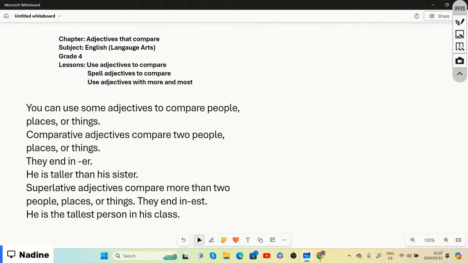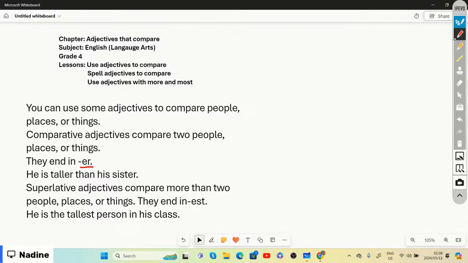And a comparative adjective ends with er. So if we compare people, places, or things, it ends in er.